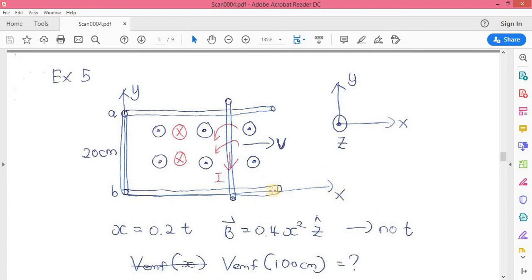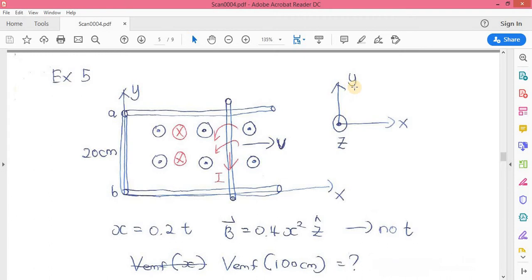So this is the x-axis, y-axis. I have a separation of 20 centimeter, and this is the moving bar. According to the information from the question, B is equivalent to this one. So I have to refer to the direction of the axis.